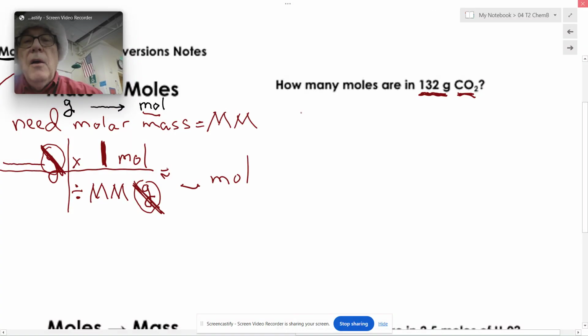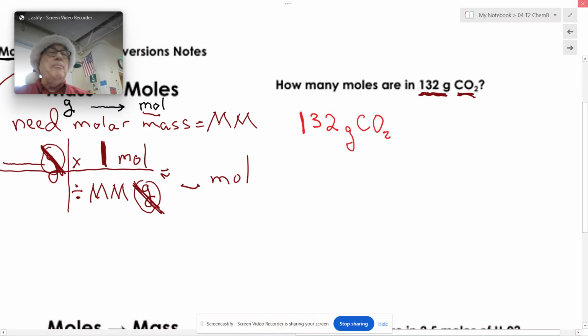So given in the problem is 132 grams of CO2. It's best practice to write that specific chemical there, because that will actually help you later on.